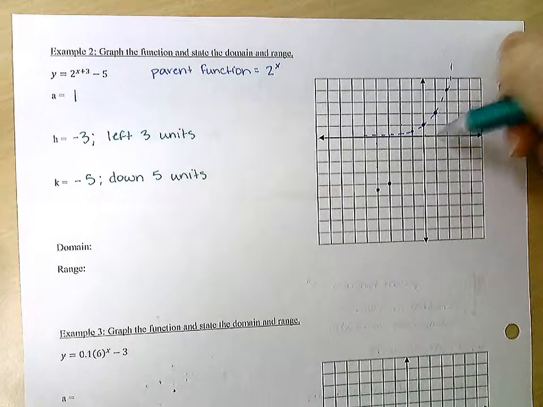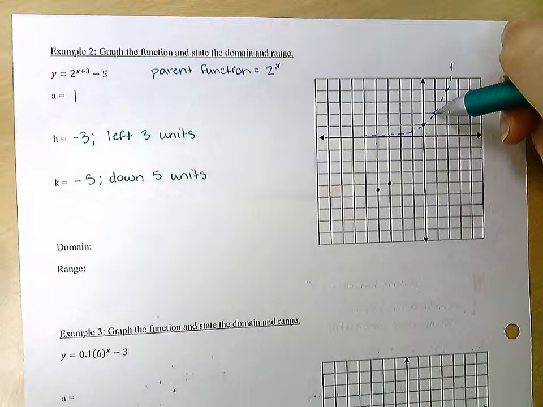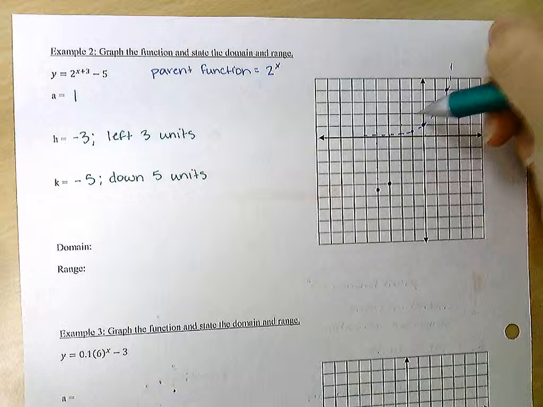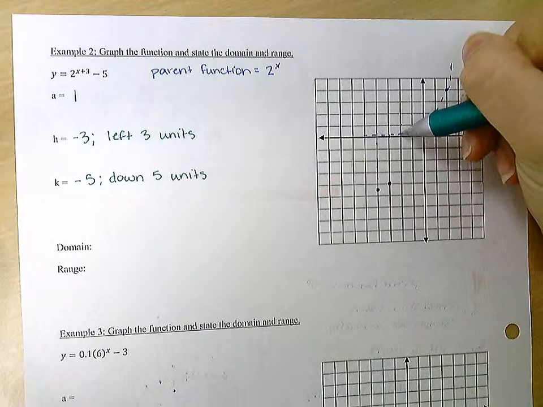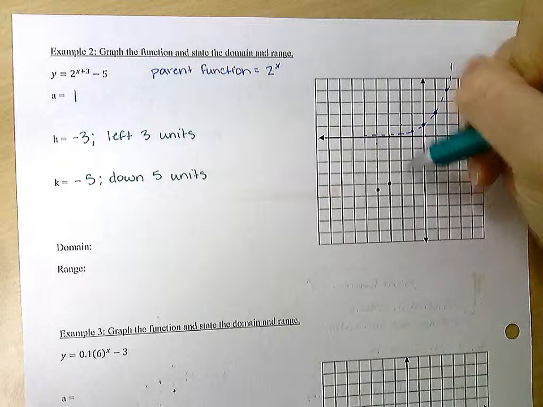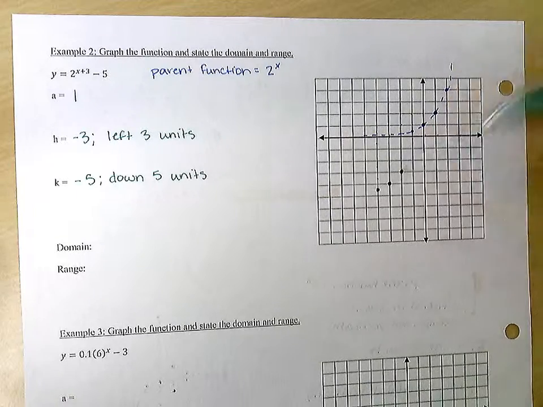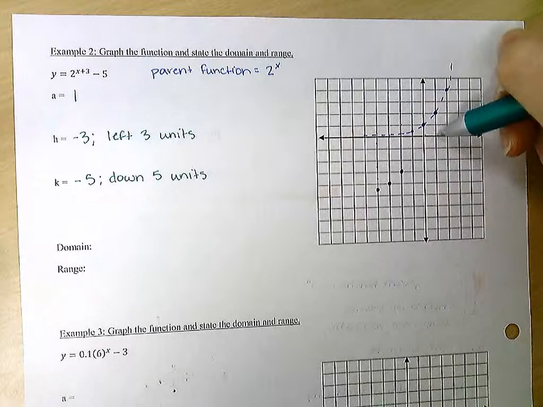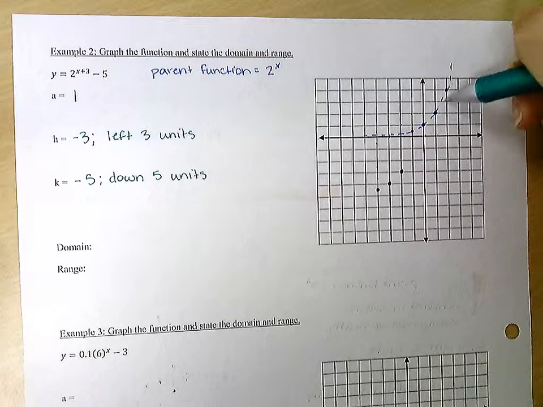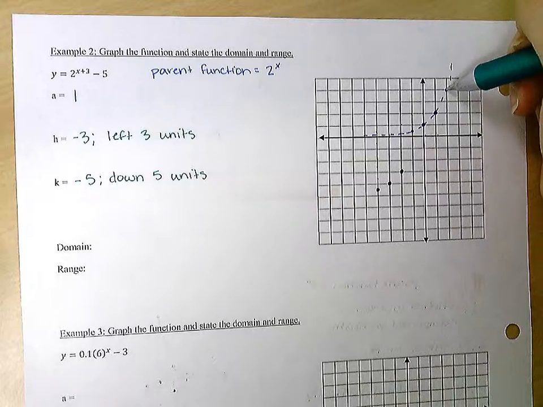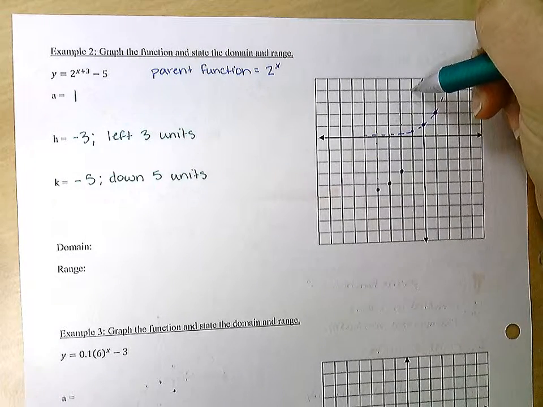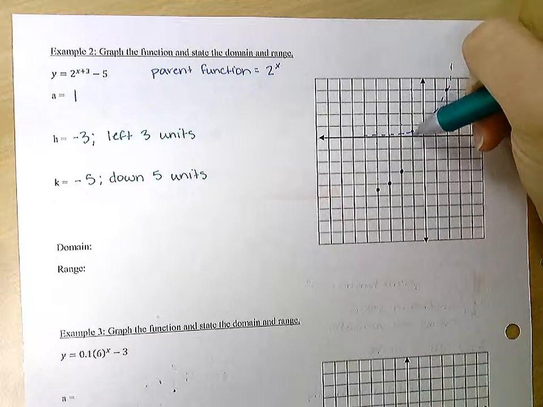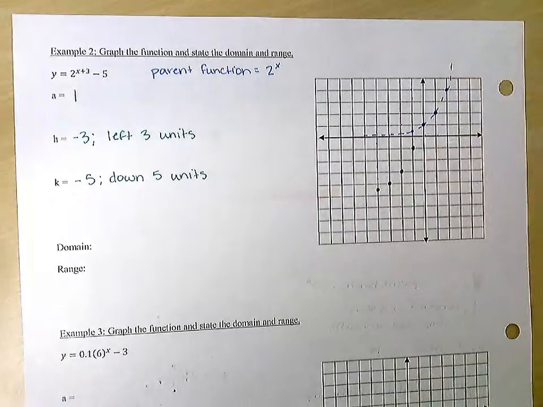Okay, then our point 1, 2. Left 3. So 1, 2, 3. And then down 5. 1, 2, 3, 4, 5. Our last one here that I plotted was at 2, 4. Okay, so take that point, move it left 3, 1, 2, 3, and then down 5, 1, 2, 3, 4, 5.